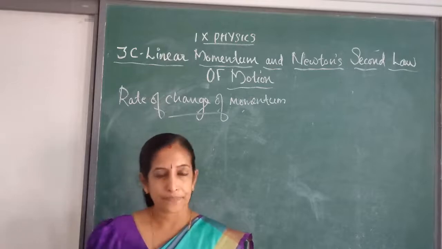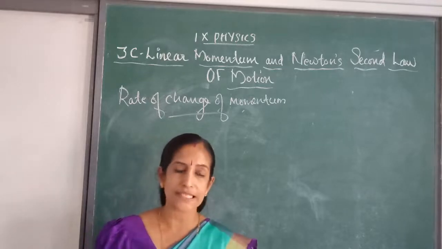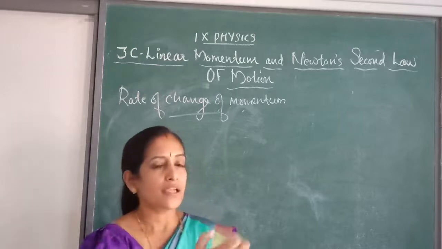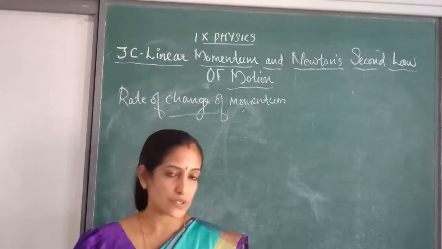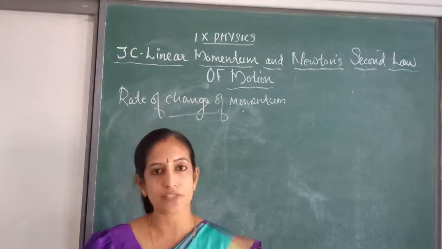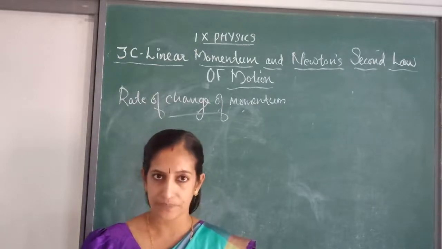So we will consider a case where F is the force applied on a body of mass m, and its velocity changes in time t seconds from initial velocity to final velocity. So initial velocity we can take as u and final velocity we can take as v.